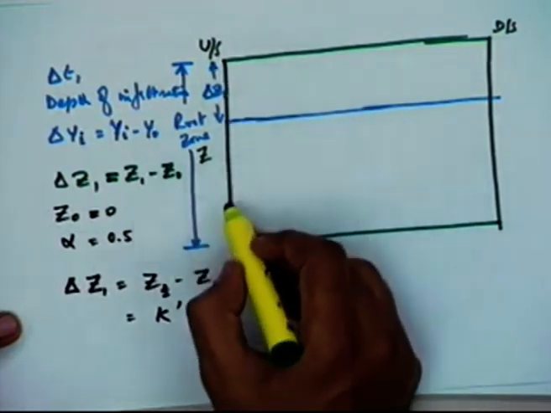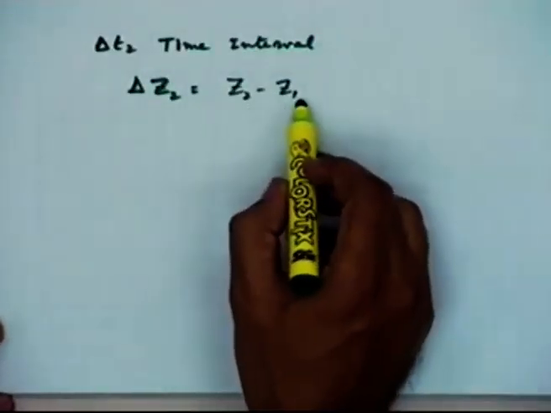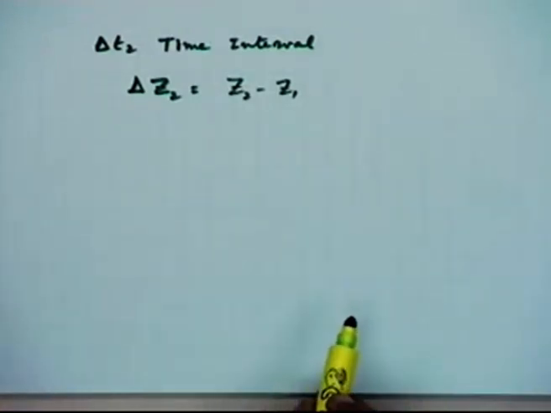So to find the next depth, I reduce Z2 by the previous depth which was considered earlier in the previous interval.